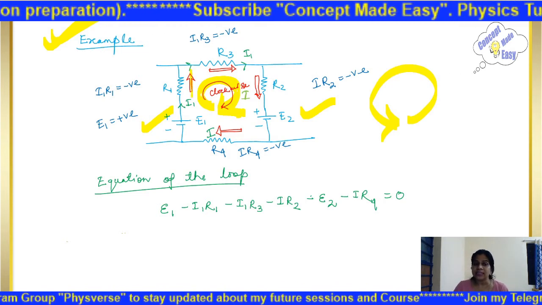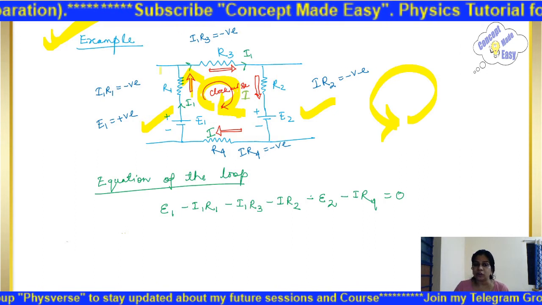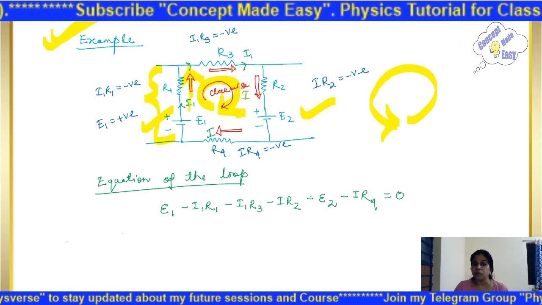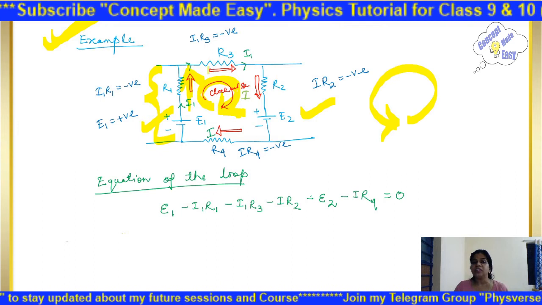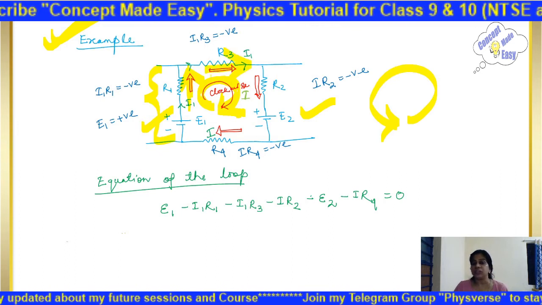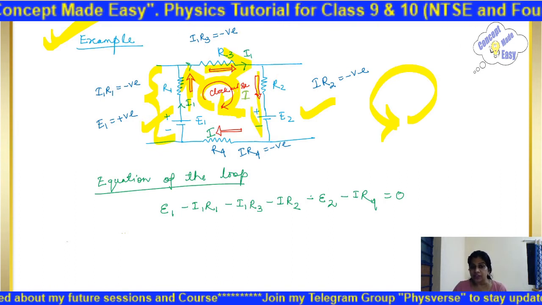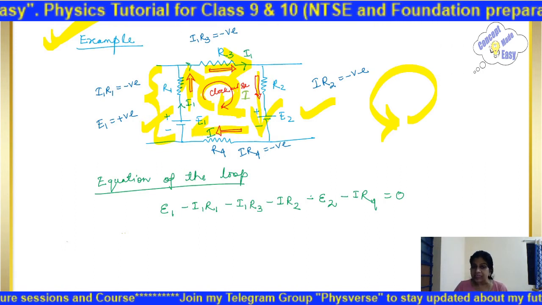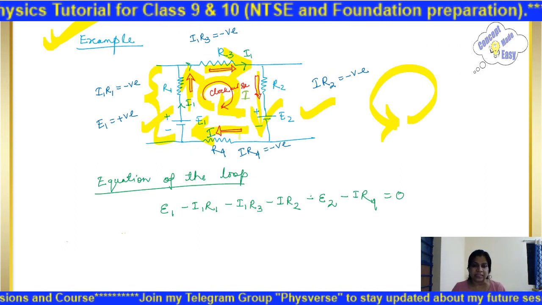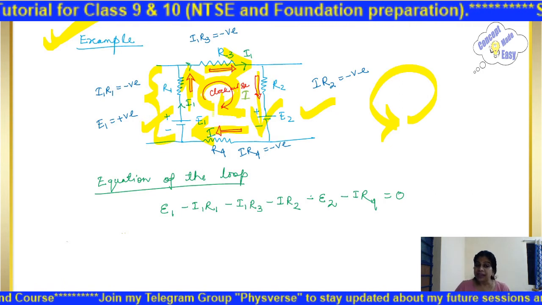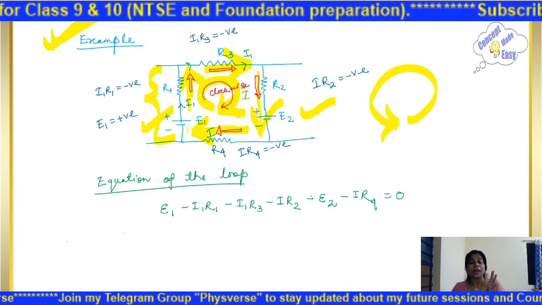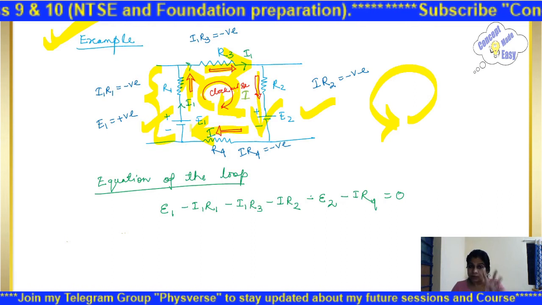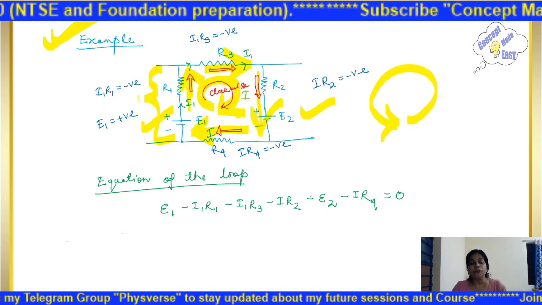For this very branch, the direction of motion is in this direction, and likewise for each of the other branches. Now I need to first find the sign convention for all the voltage drops.